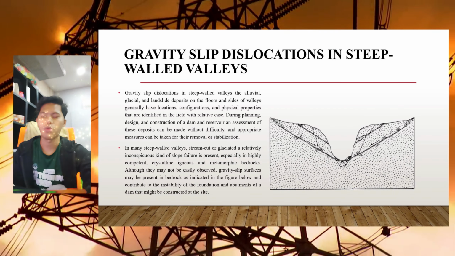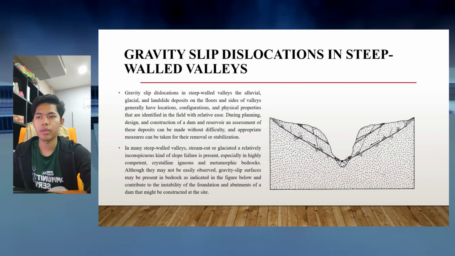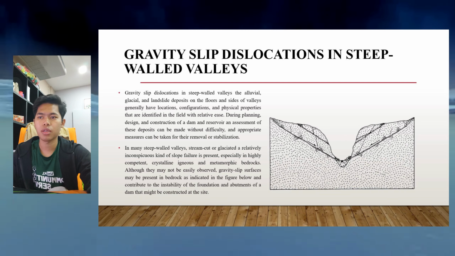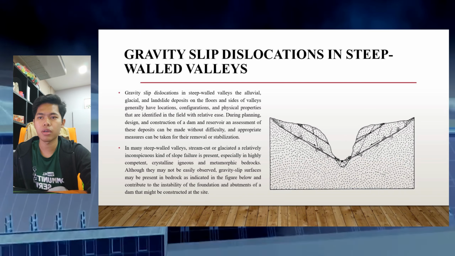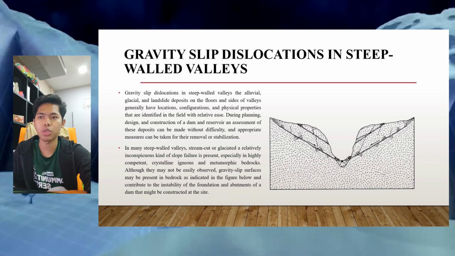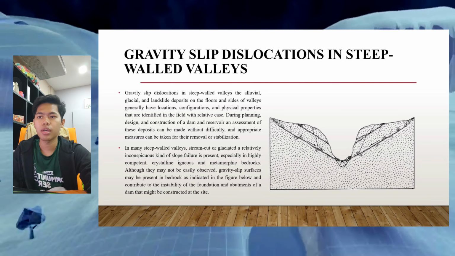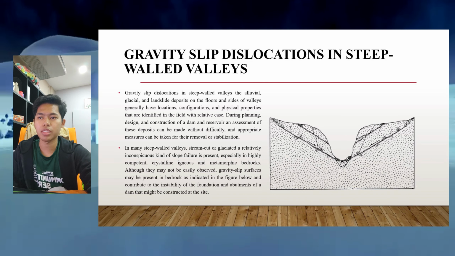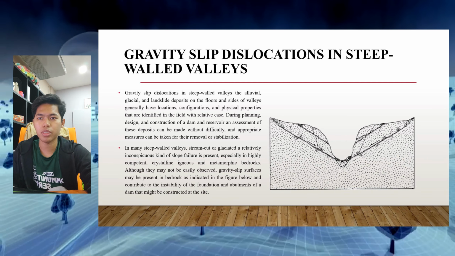Okay, next we're going to do our gravity slip dislocation. There is a gravity slip dislocation in the valley, the alluvial, glacial, and landslide deposits on the floor and sides of the valley. Generally they have a location, distribution, and physical properties.